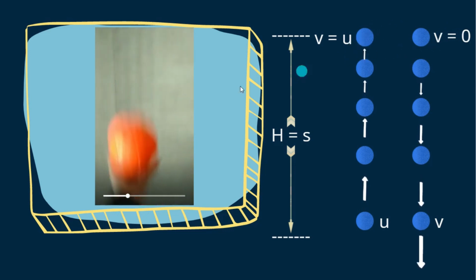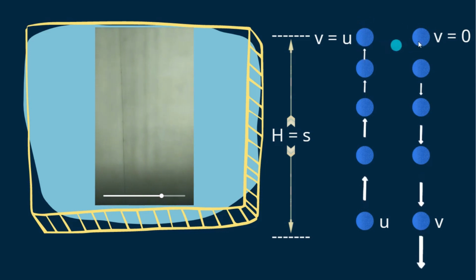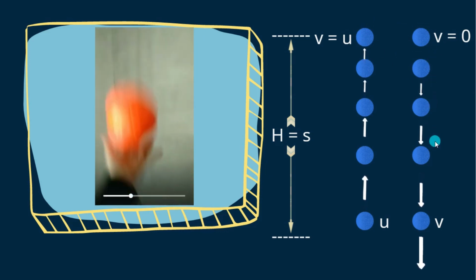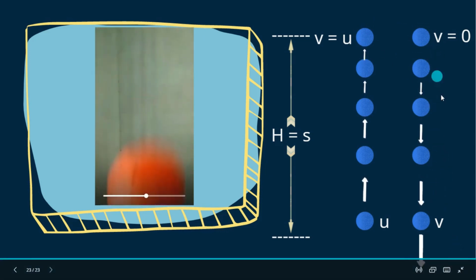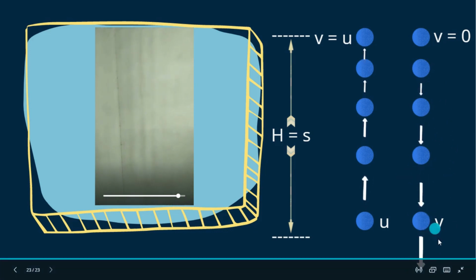This is the maximum, the last that the ball will be in the air, and then it will fall down. When the ball is falling down, the v is increased.